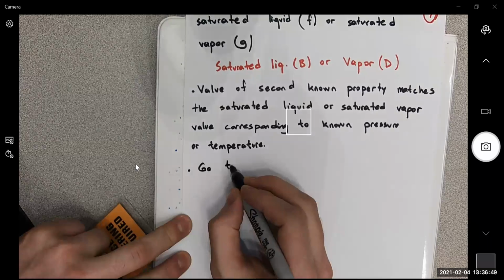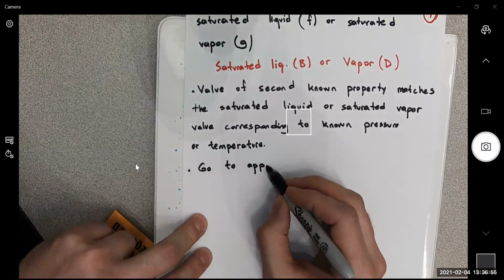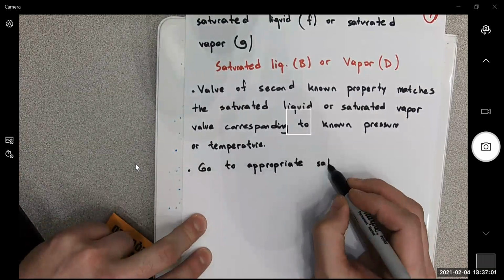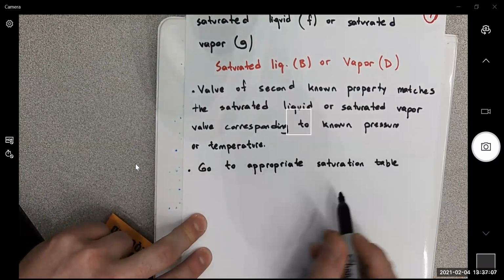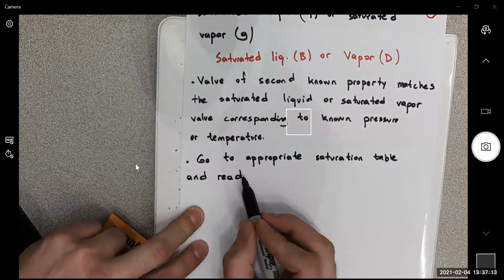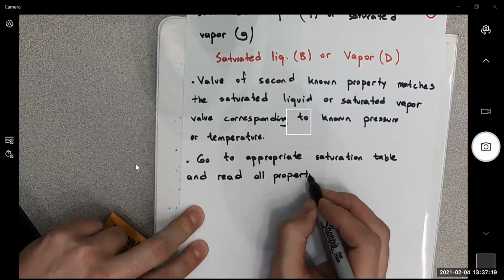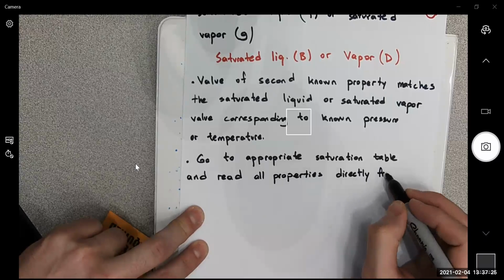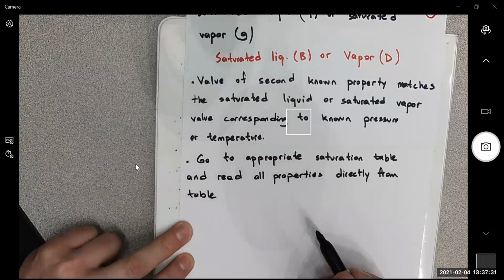go to the appropriate saturation table and read all properties directly from the table.